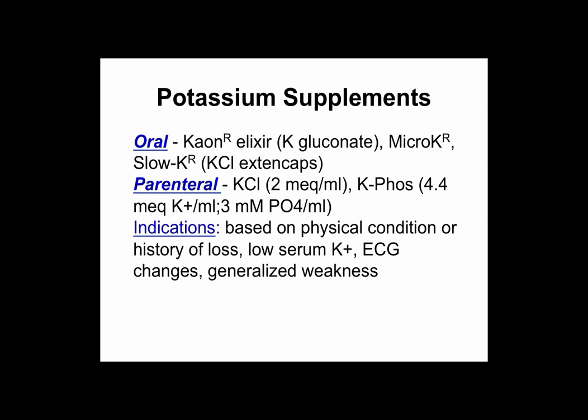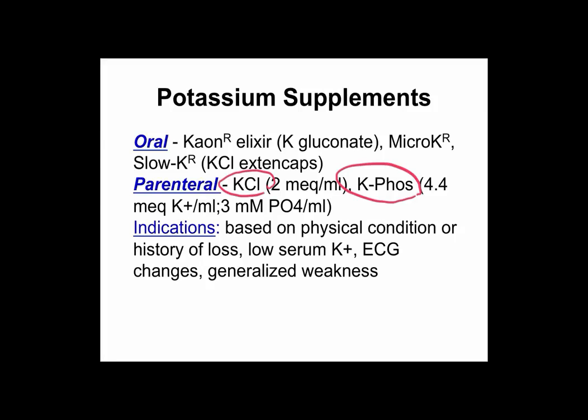So what are potassium supplements? Well, we have oral supplements that can be given quite safely: elixir, potassium gluconate, called K-on or slow K or micro K. And then you have parenteral, and that's usually potassium chloride or potassium phosphate. The main thing to keep in mind is the amount of potassium milliequivalents that you're administering. It will vary depending on what the anion is.